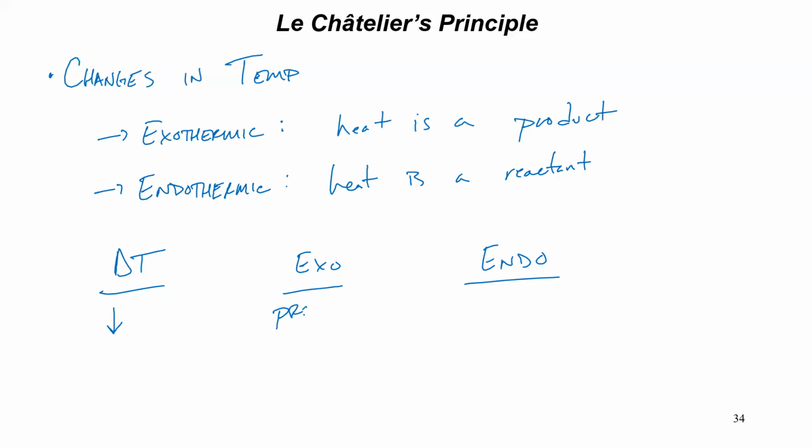We want more heat, all right? Which means it must be reactants for endothermic. The opposite is true if we increase temperature. We want less heat, and so the exothermic reaction are going to go to reactants to get less heat. And endothermic are going to go to products to use up some heat.